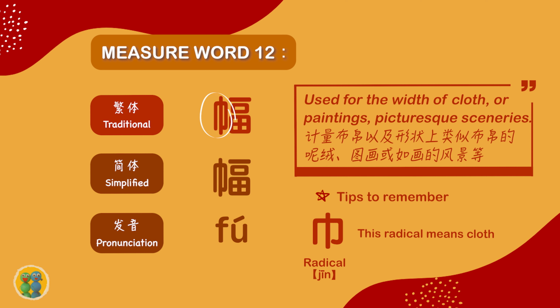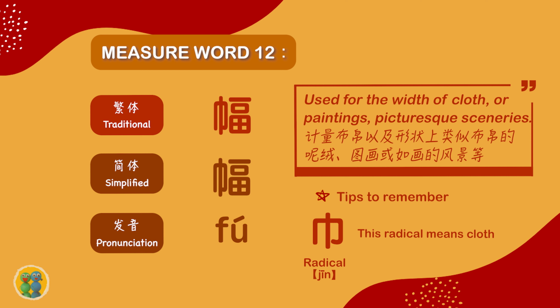This radical means clothes. You can relate this radical to this measure word because some of the paintings were drawn on the canvas or on fabric. So you can use this measure word on paintings.